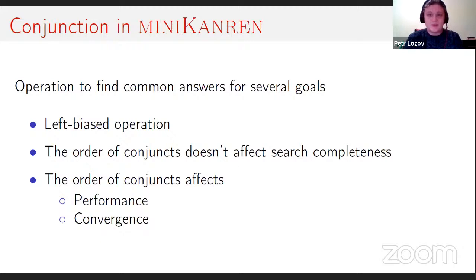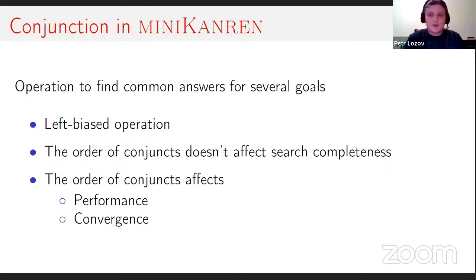It allows one to find common answers for several goals. In conventional miniKanren, conjunction is left-biased. In other words, the conjunction necessarily evaluates the left conjunct. The right conjunct is evaluated for each answer of the left conjunct.